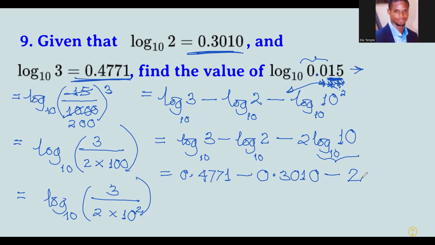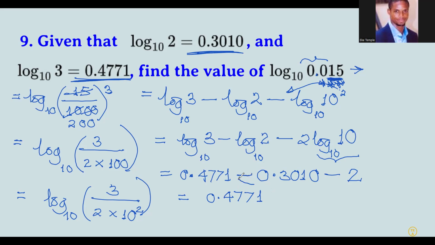Now, allow the 2 to stay while you interact with it. So how can we get this through? Let us go ahead and link up this as it is. 0.4771 minus, both of these are negative, so we can take them together.